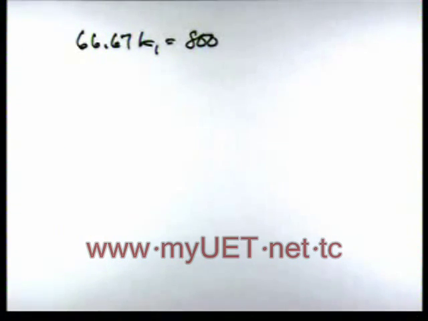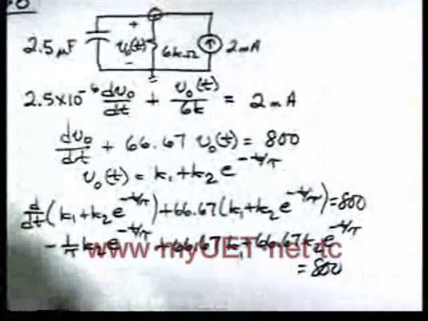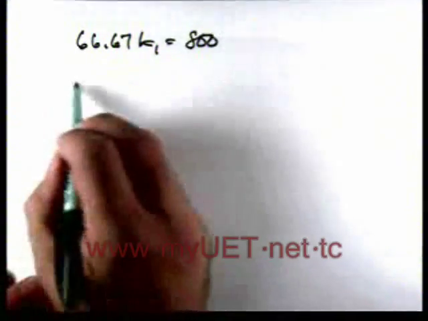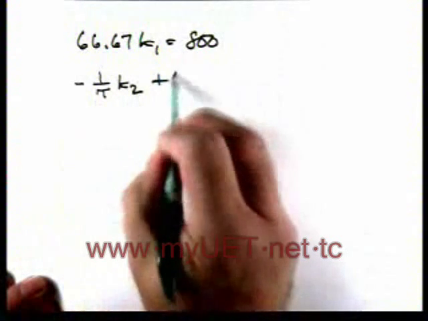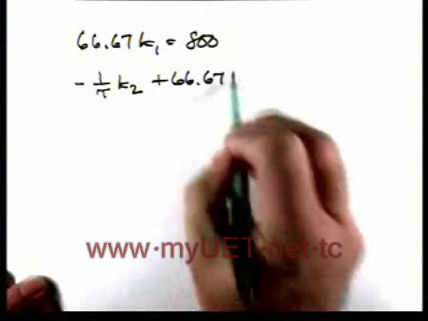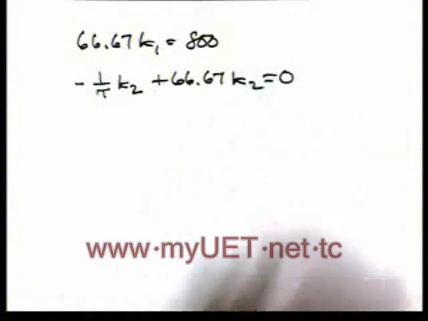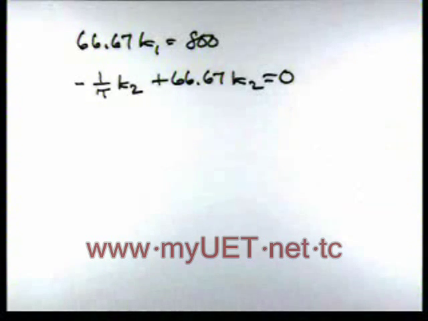And the other thing we can conclude, the terms here that are multiplied by e to the minus t over tau, we have minus 1 over tau K2 plus 66.67 K2 has to equal 0. So these terms cancel out.